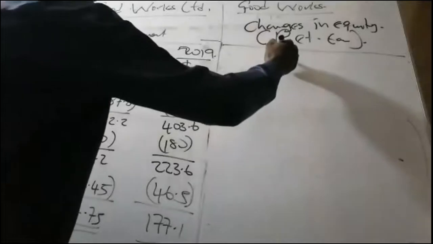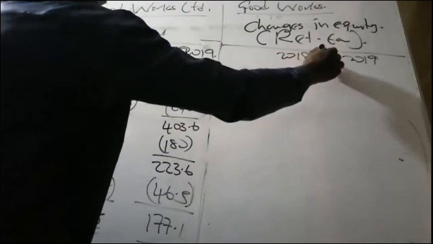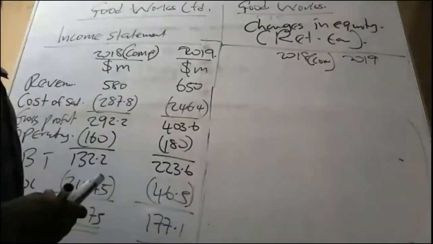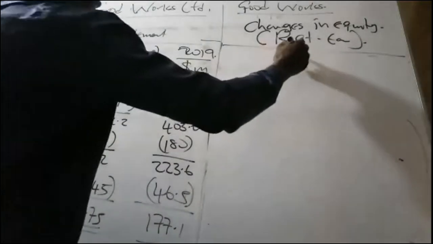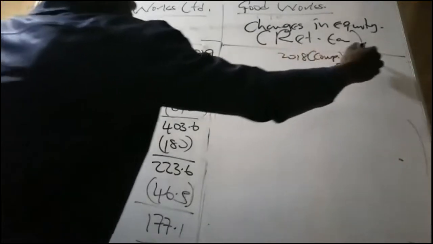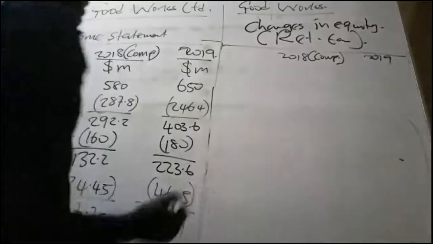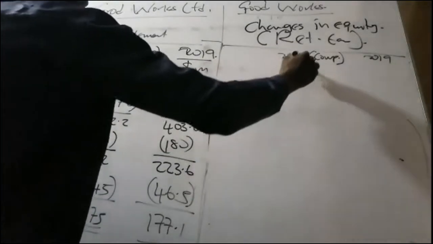So we have 2018 here and 2019 into bracket comparative, right? All the 2018 figures are what? Comparative. Then you write 2018 into bracket comparative, 2019, and then you write your currency.